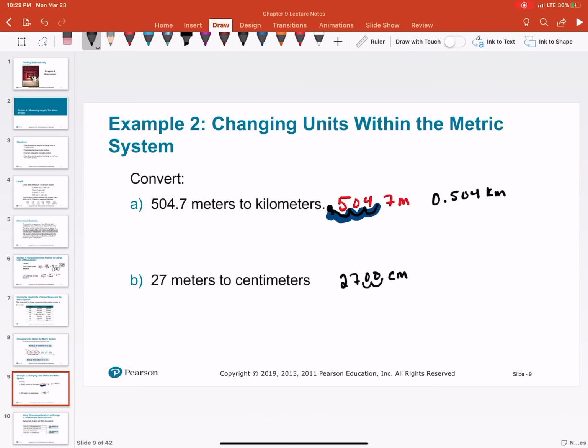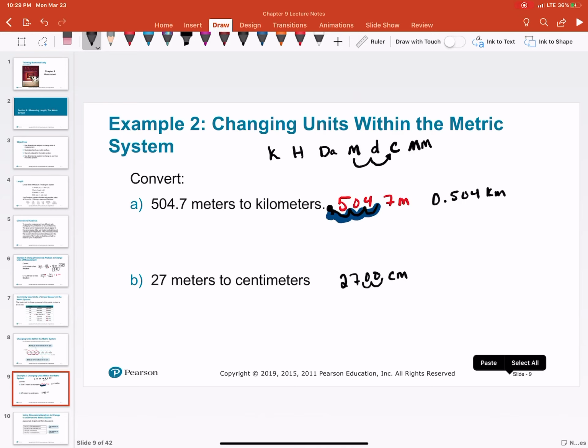Now, a good way to remember this is to go ahead and write everything out: K, H, dA, then your base, which I'm just going to write as M. Then we have D, then C, then M, and I'm going to say MM. So understand what direction we move. We move from meters to centimeters, so we move 1, 2.